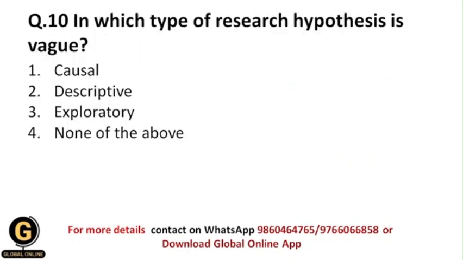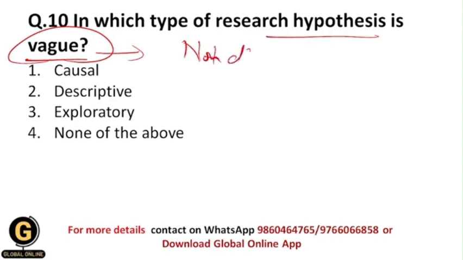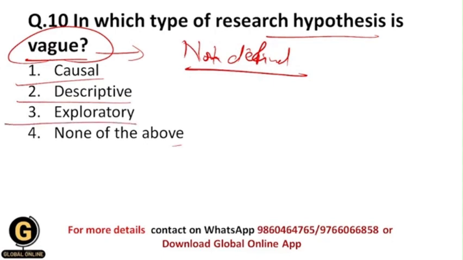Okay, next is, in which type of research is the hypothesis vague? Vague means not clear or not defined. So in which research type is the hypothesis not defined? Whether it is causal, descriptive, exploratory, or none of the above.